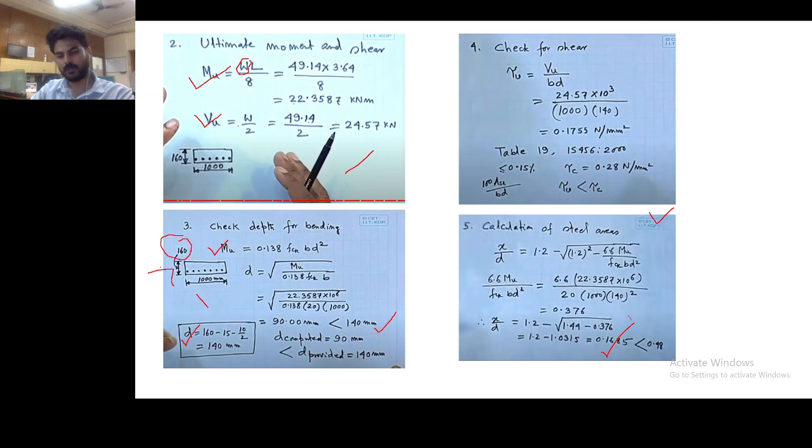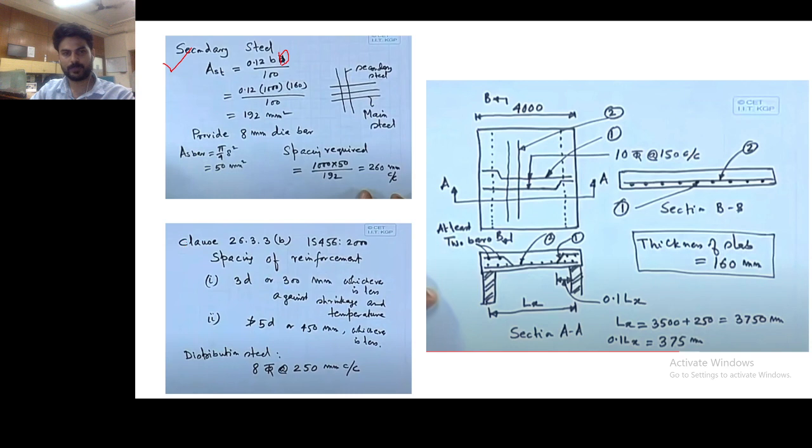This big D we have to use, and then our area becomes 192, and we can provide 8 mm dia, and our area for the 8 mm is 50 mm². So the spacing we can calculate by the same formula, 1000 into area of one steel bar divided by total area. So our spacing becomes 260.